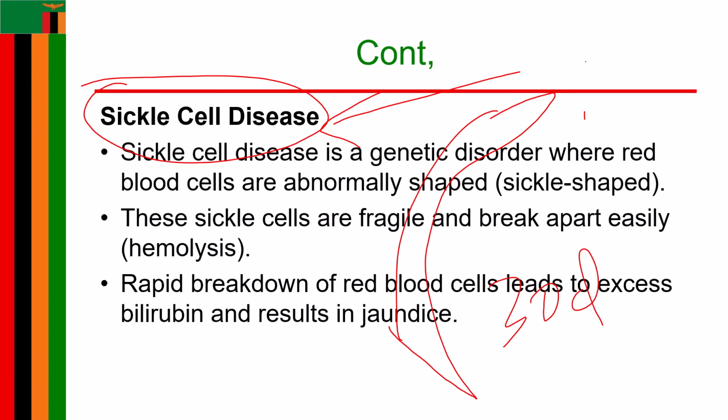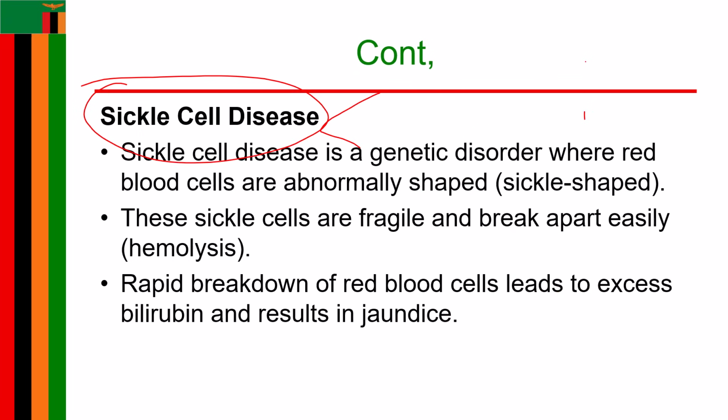So this is why we end up seeing jaundice in sickle cell, because the lifespan is reduced. This increases the levels of bilirubin, causing jaundice. But we'll talk about sickle cell in detail.